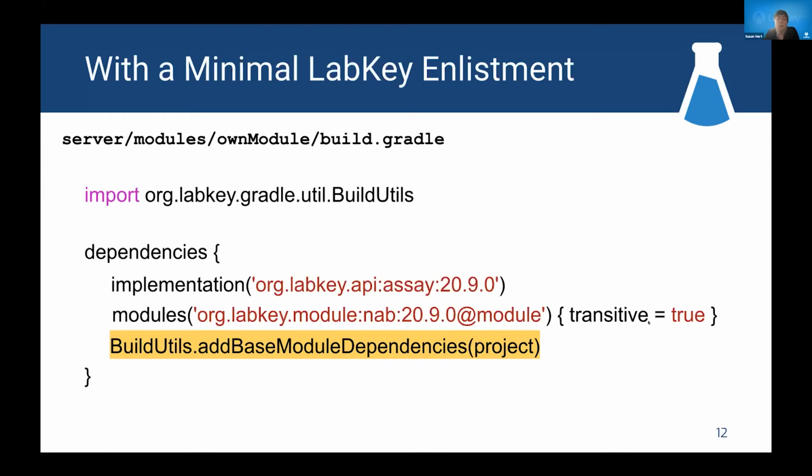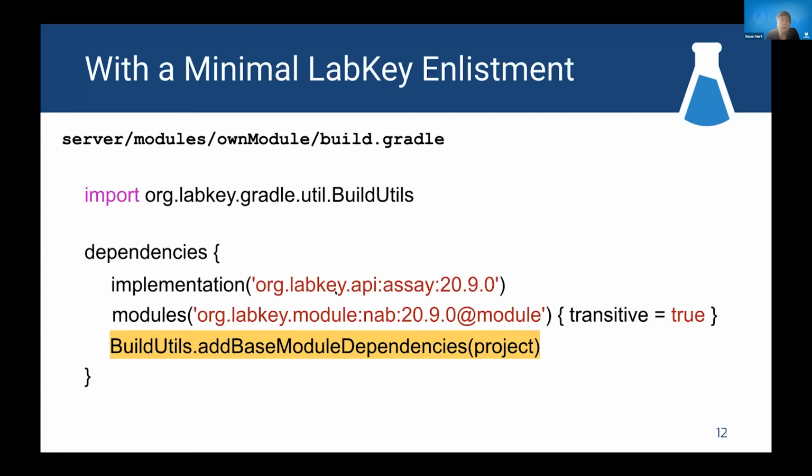So when we publish our modules to our Artifactory instance, we try to publish the dependencies that any module has, and we want to pick those up. And you'll see what I mean when I get to the next slide.